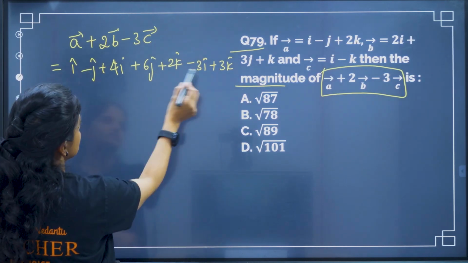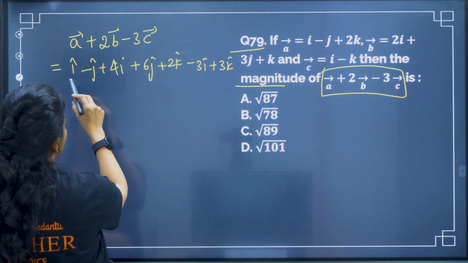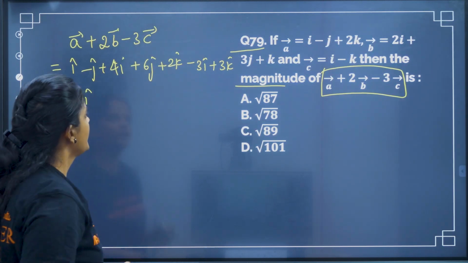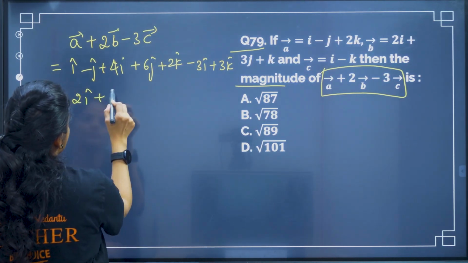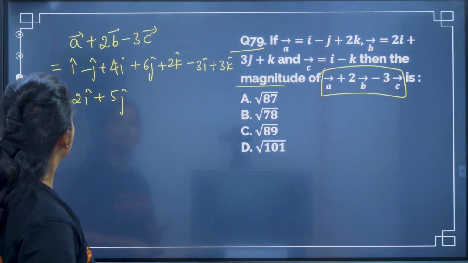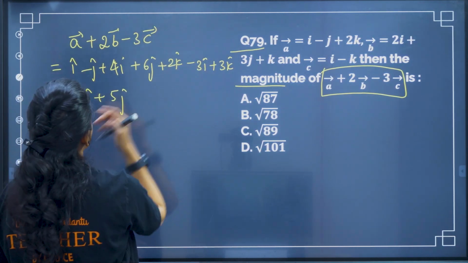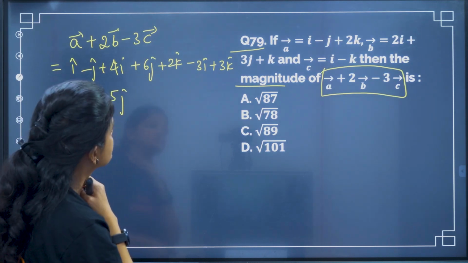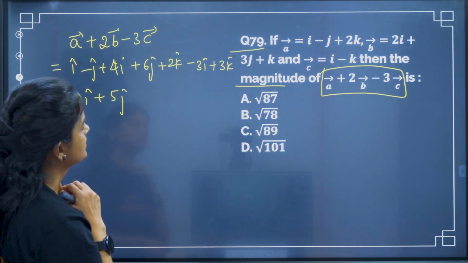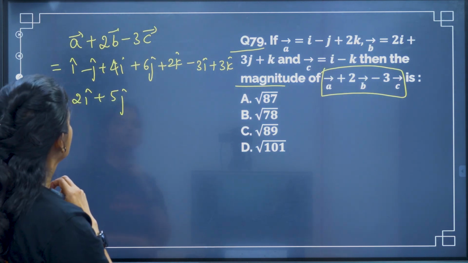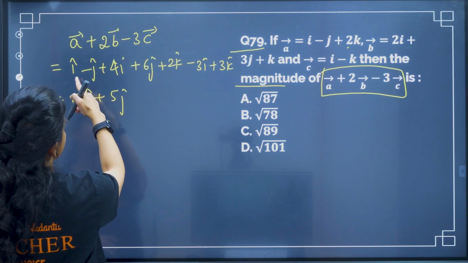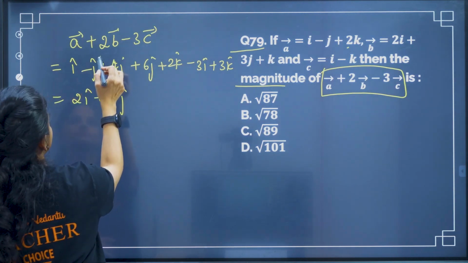Let's solve this and see. 5 minus 3, so 2 it is. 2i cap plus 5j cap. And how much is the k cap? 5. 1 second, let me check once again. 2B minus 3. Yeah, here one 2k I have left somewhere.